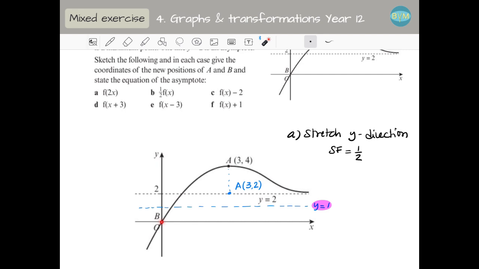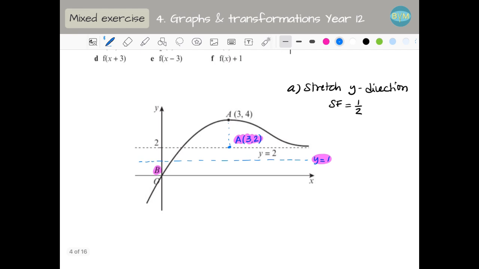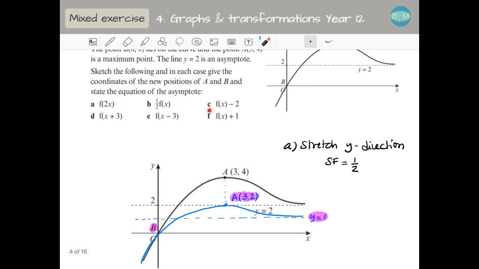So B stays the same and A is this point. And now I'm going to represent the graph going up to the maximum and then down to the asymptote, more or less.